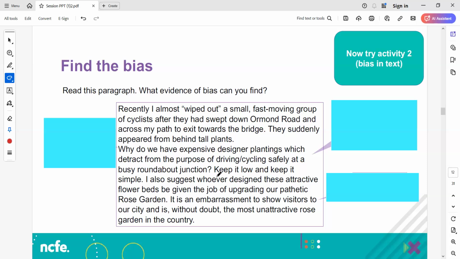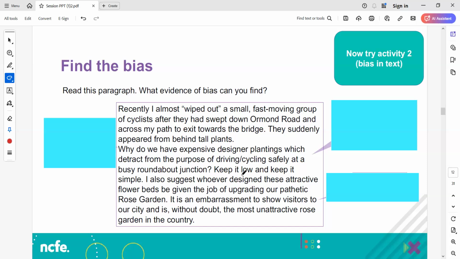Keep it low and keep it simple. I also suggest whoever designed these attractive flower beds be given the job of upgrading our pathetic rose garden. It is an embarrassment to show visitors to our city and is, without doubt, the most unattractive rose garden in the country.